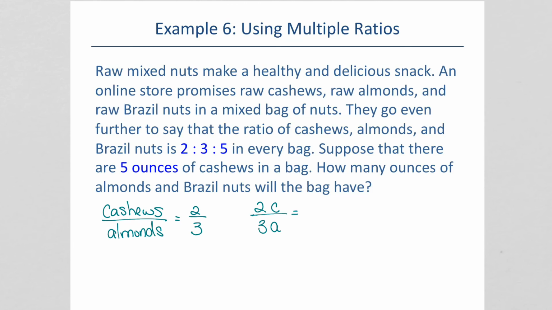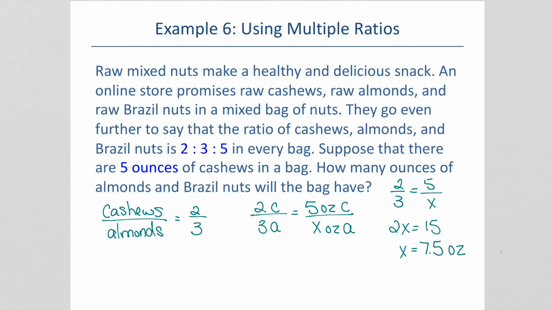And that would be 5 ounces of cashews for how many ounces of almonds? So we have our proportion 2/3 equals 5 over x. So 2x would be 15. 15 divided by 2 is 7.5. So there's 7.5 ounces of almonds.